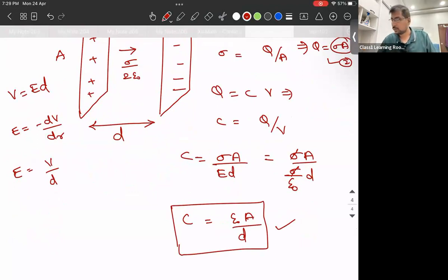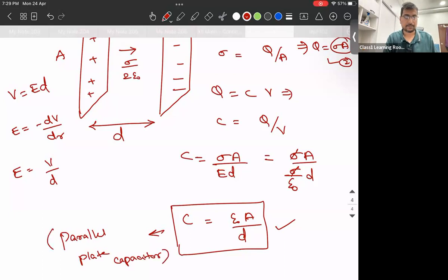So this is the capacitance of a parallel plate capacitor. So make a note till this point.